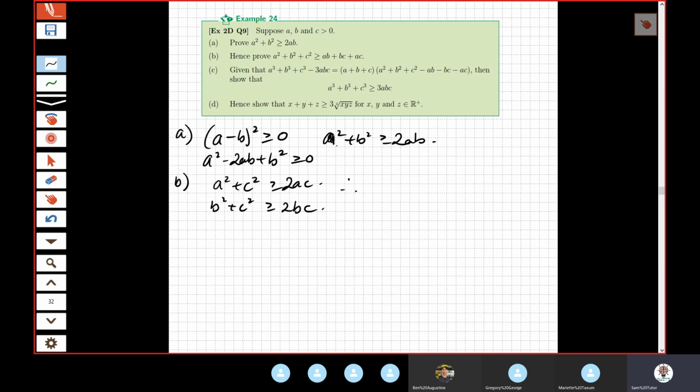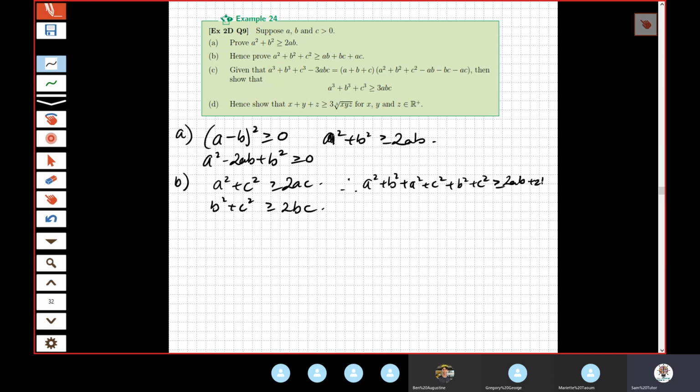Therefore, add them all up, so a squared plus b squared plus a squared plus c squared plus b squared plus c squared is greater than or equal to 2ab, 2ac, 2bc.